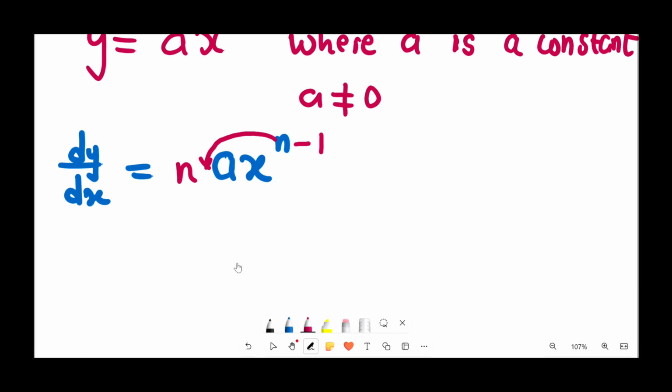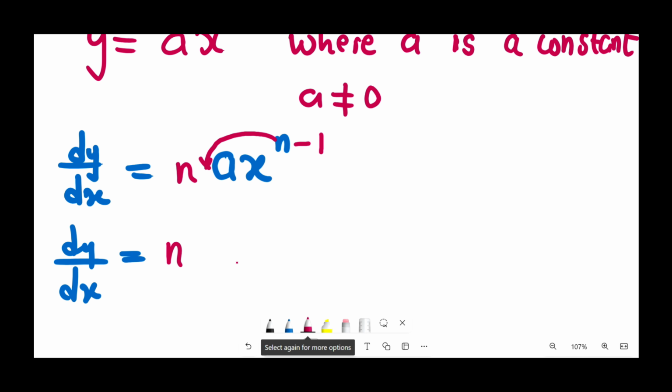All right, so it implies that our dy dx becomes n times a, then x, then we have our power here to be n, which was in the given function, then minus 1.